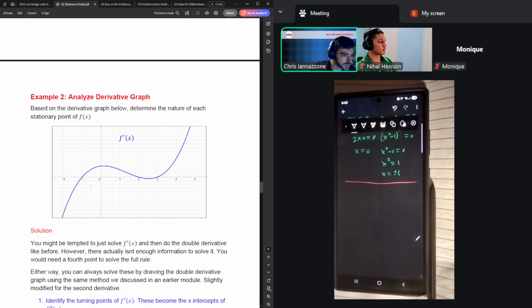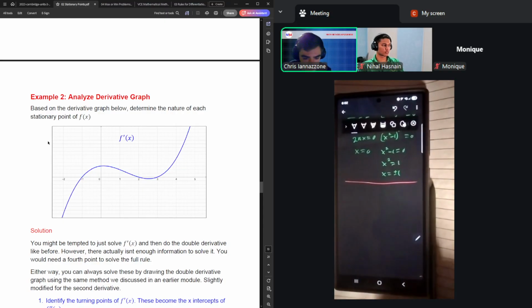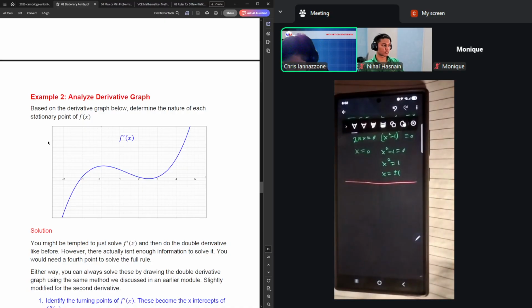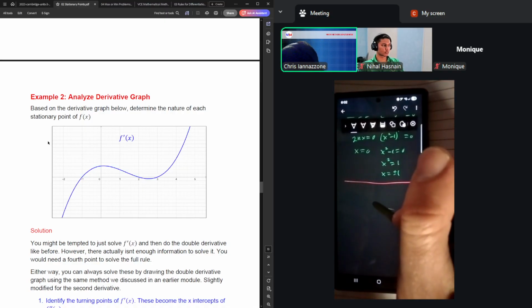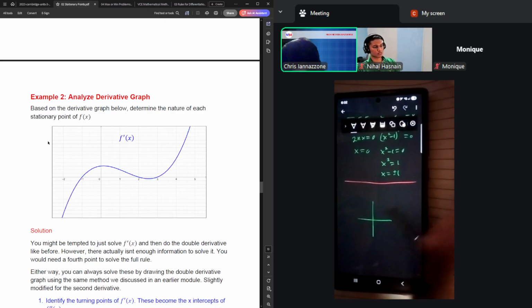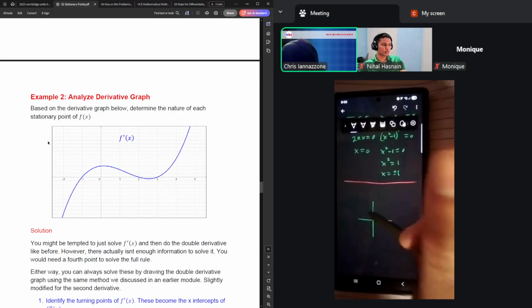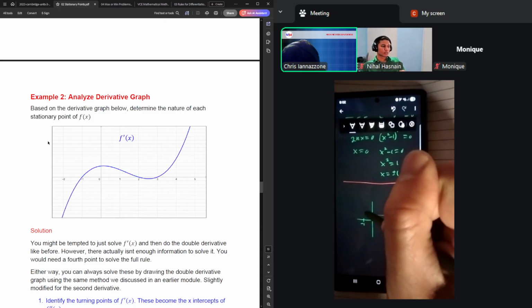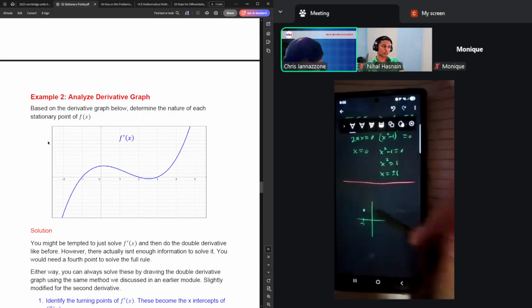because this is a derivative graph, we have gradient information. So we know there's a stationary point here. Immediately left of it is negative gradient, and immediately right of it is positive gradient, because it's positive and negative y values, and y values on a derivative graph are gradient values. So in other words, if I start drawing up a little example, at -1 we have a stationary point somewhere.